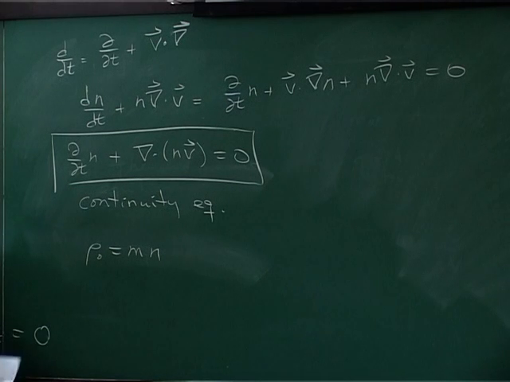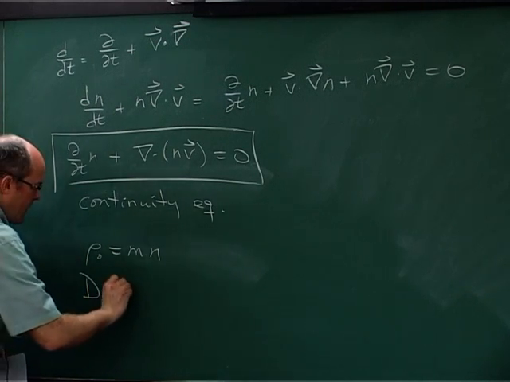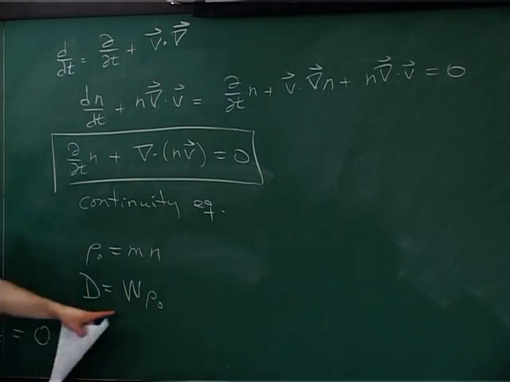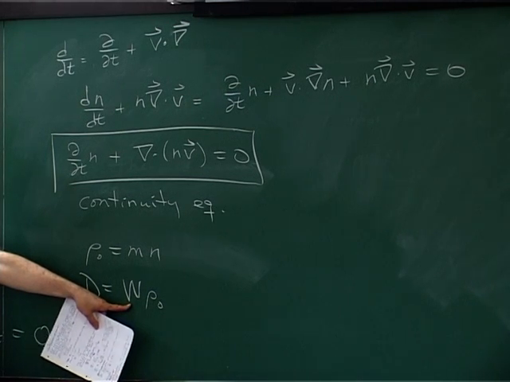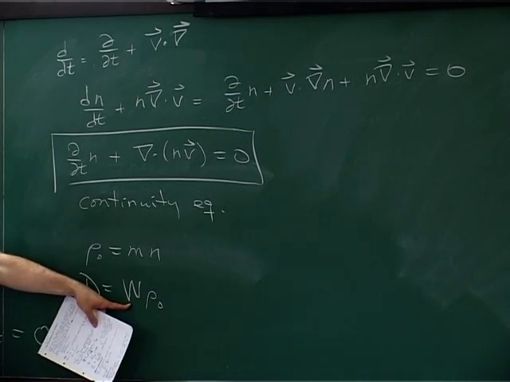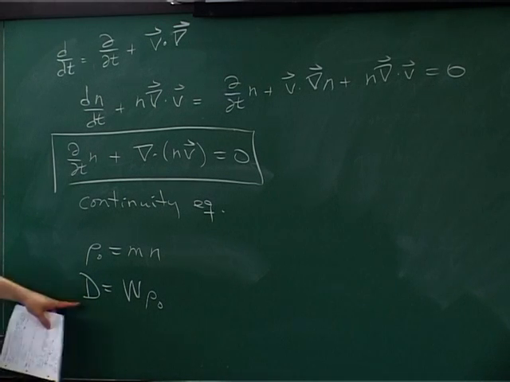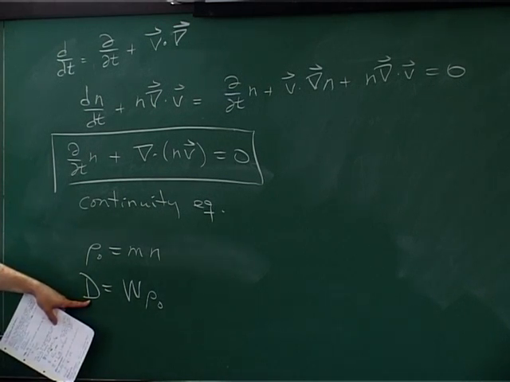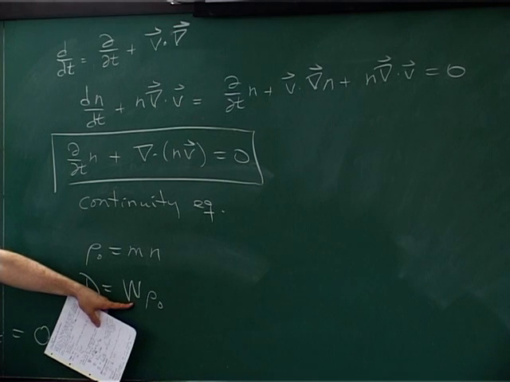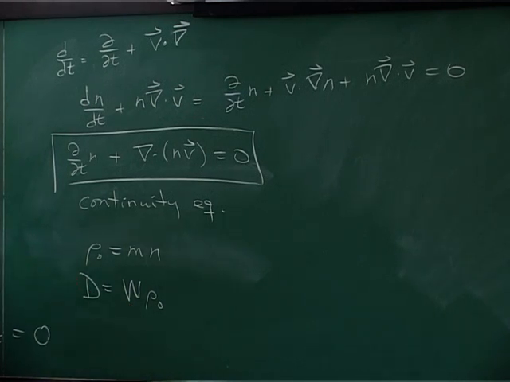And then I'm going to define a new variable. This W here is the Lorentz factor, the usual Lorentz factor that you see in special relativity. And this is the relativistic density. So the Lorentz factor accounts for the change in volume. One dimension gets scaled by the Lorentz factor.